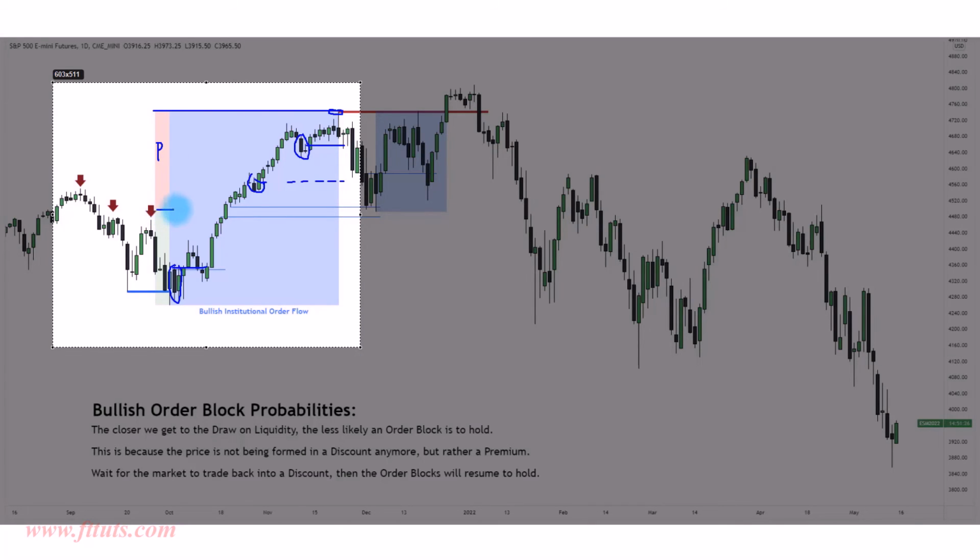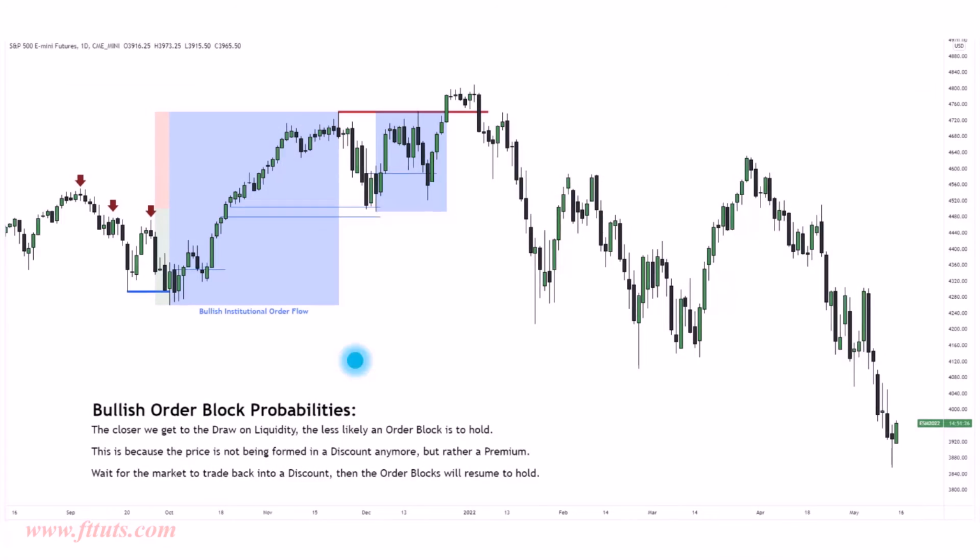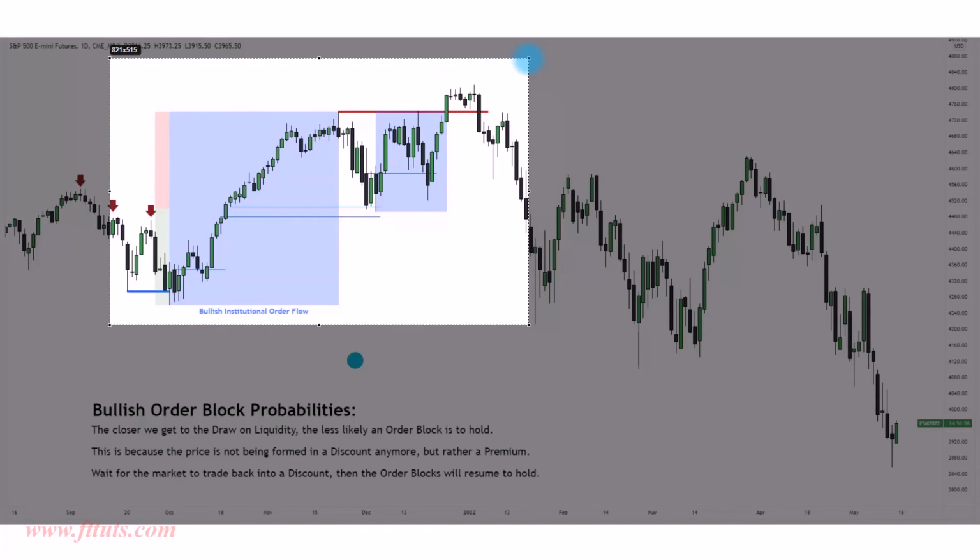But once we get down to fair market value, which is equilibrium, levels can start to hold again if it's bullish, and that's why you see this fair value gap here hold. So now we're back in bullish conditions. Once the market has traded back to a discounted market here, the order blocks can resume holding again.